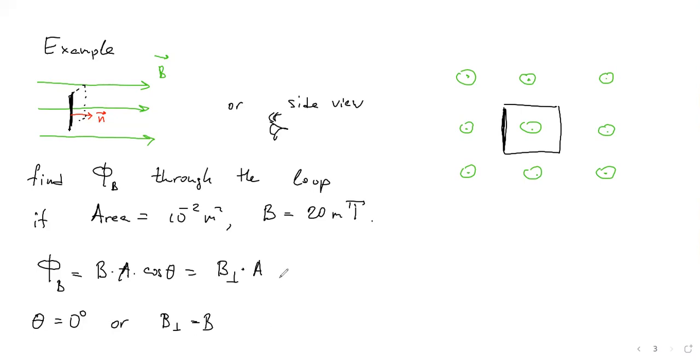Then I can just plug them in: 20 millitesla multiplied by 10 to negative 2 square meters. Millitesla and square meter give me milliweber. 20 multiplied by 10 to negative 2 is 0.2.